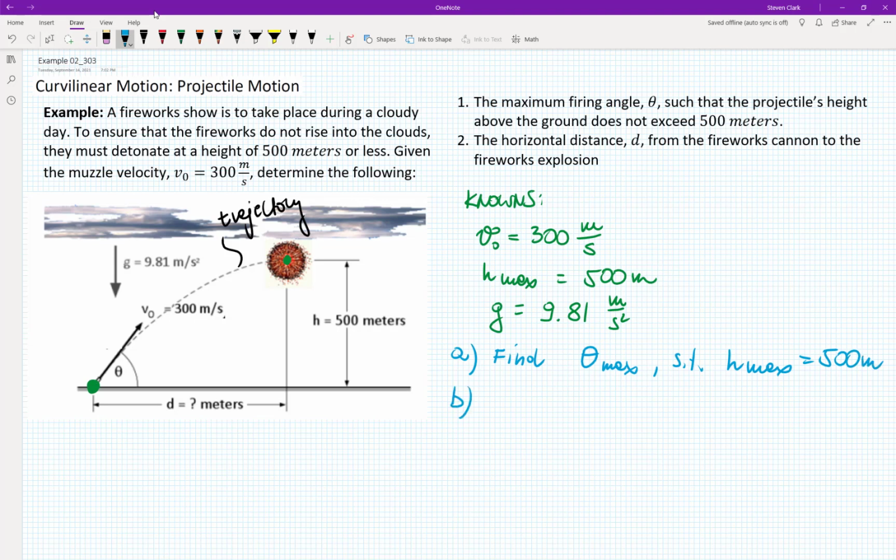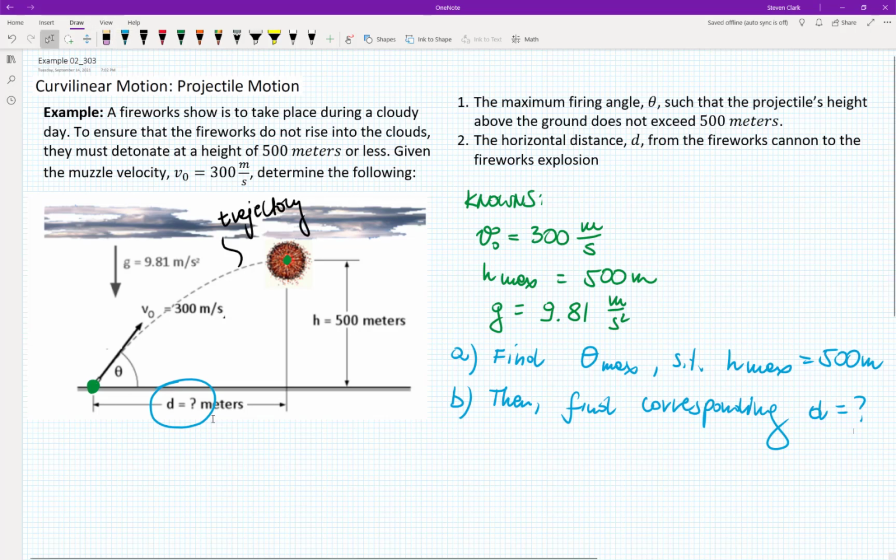And then in part B, once we are done with part A, they told us to find the corresponding distance, corresponding D. Okay, guys. Any questions about the problem statement?